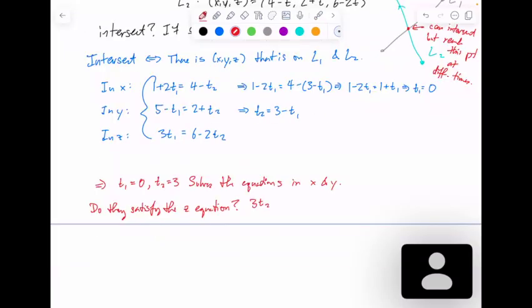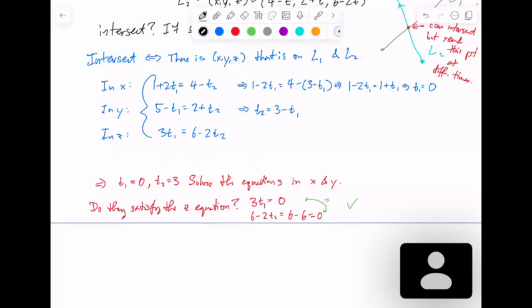So 3t1, on the left-hand side of the Z equation, is 3t1. And now t1 is equal to 0, so this is equal to 0. And 6 minus 2t2 is going to be equal to 6 minus 2 times 3, which is 0. And these are equal to each other, right? So this is fine.